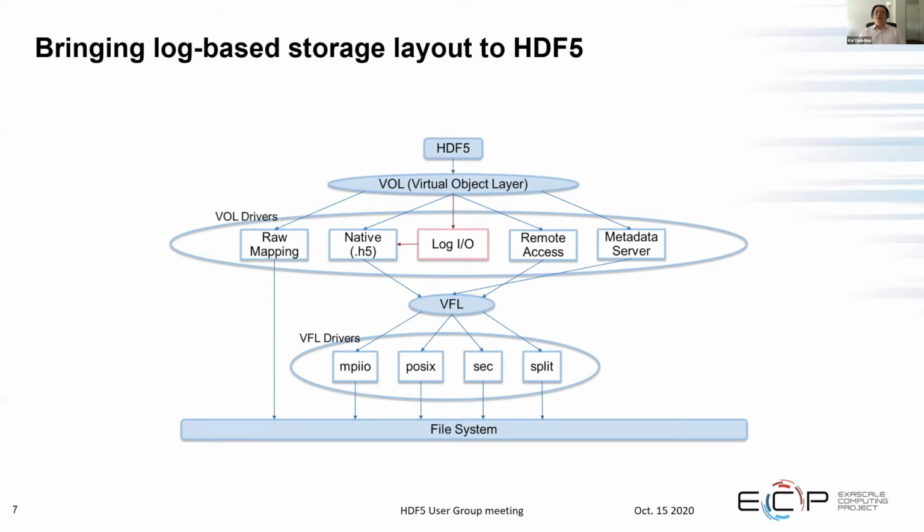The architecture looks like this. Every call to the log VOL gets translated into native VOL calls. But unlike the actual pass-through VOL that passes everything as is, we translate those APIs so the dataset is always stored in a contiguous layout.